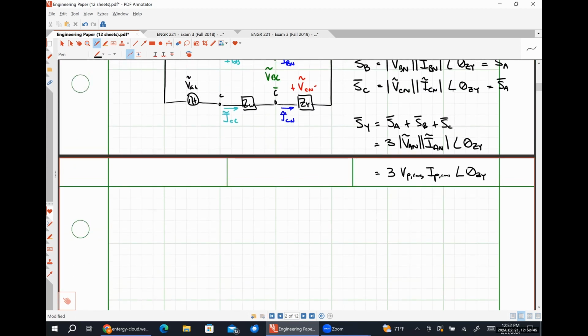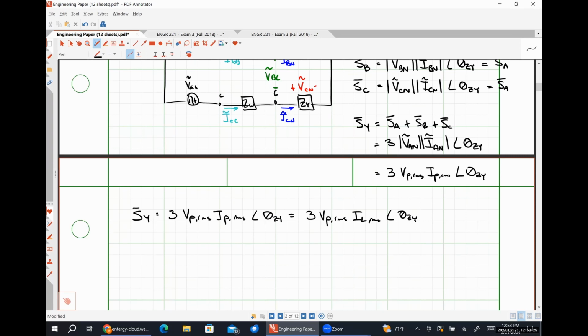So if I take this SY, let me write it over here, I could now say that 3 VP RMS times IP RMS with an angle of theta zy has to be equal to 3 VP RMS times IL RMS with an angle of zy, where that IL RMS is just the magnitude of my line current.